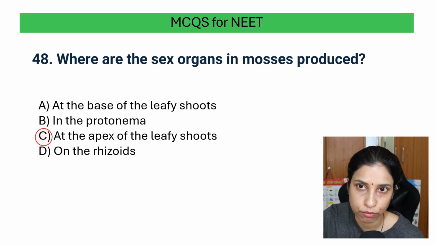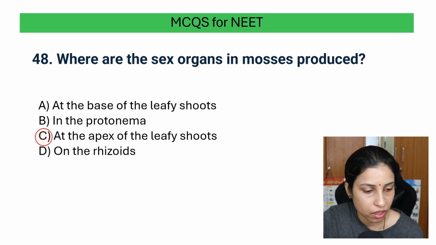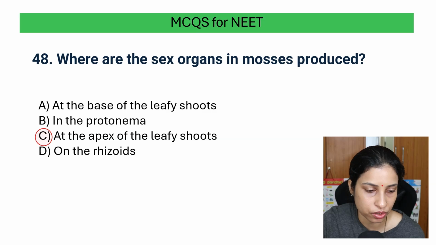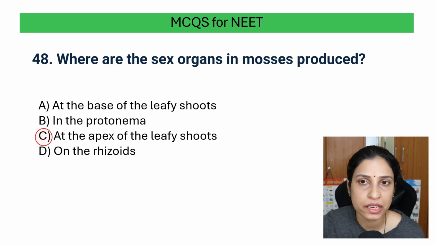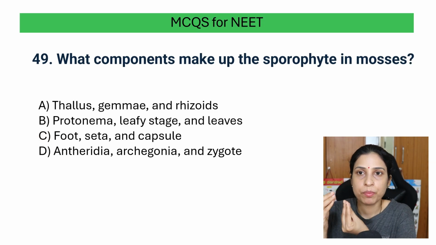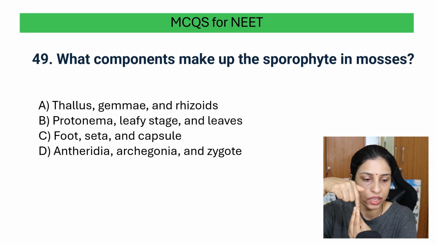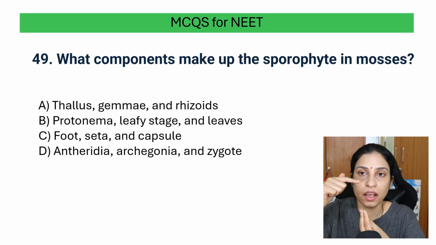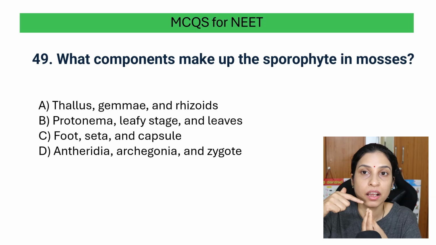Sex organs are formed, gametes are formed. At the base of the leafy shoot, no. At the base, what we observe are the axis and the rhizoid. At the apex of the leafy shoot, at the tip of the leafy structure, we observe the formation of the sex organs, either archegonia or antheridia.